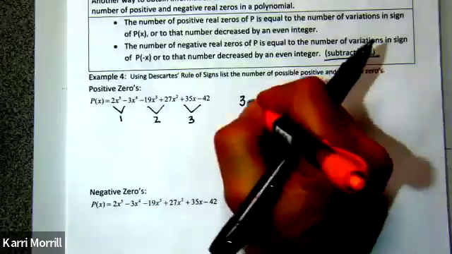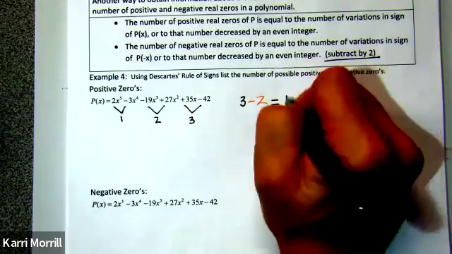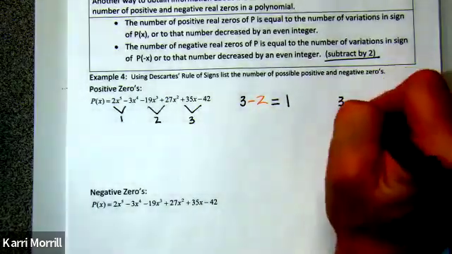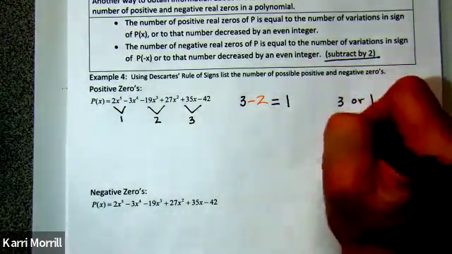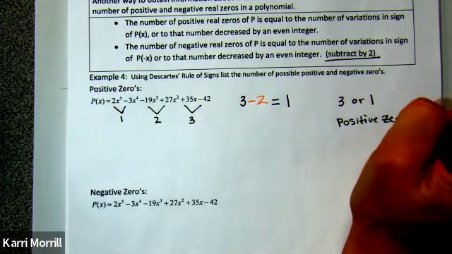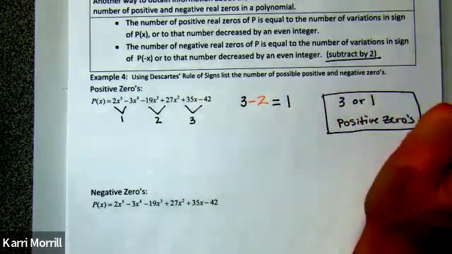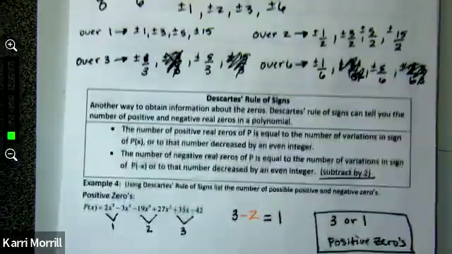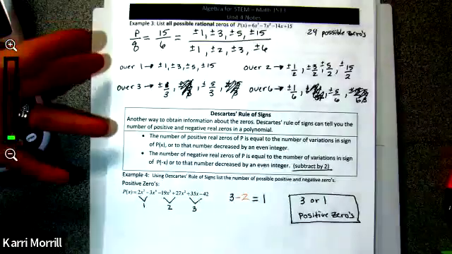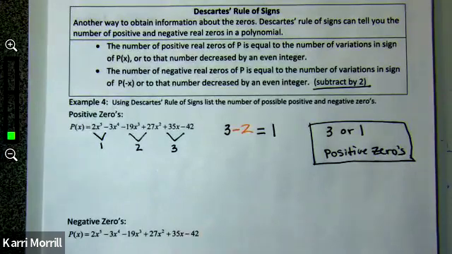If it's the number 1, you can't. But 3 minus 2 is 1. So what we would say is there are 3 or 1 positive zeros. It gives you a range or an idea of how many of the zeros might be positive. So from that list, maybe you'll choose positive options instead of trying negative options when you go to find the actual zeros.